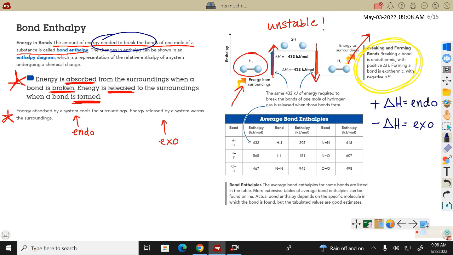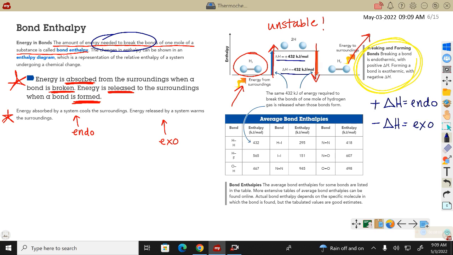So when you see a positive delta H, endothermic, I'm adding the energy to break the bonds. Negative delta H, I'm releasing the energy when the bonds form. Now again, the table only lists these values in positive terms because it's defined as energy needed to break the bond. But if I just put a negative in front, it's the amount of energy released when the bond forms.